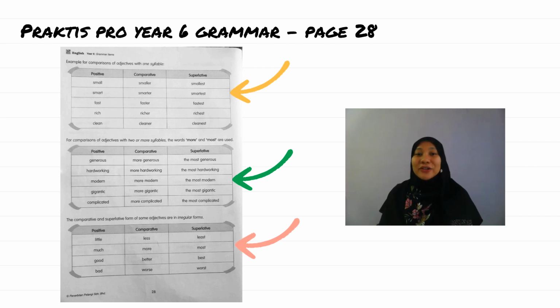Next we'll be referring to the green arrow. It is for comparison of adjectives with two or more syllables. The words more and most are used. Remember, two or more syllables. For example, I will get an example from the box here.